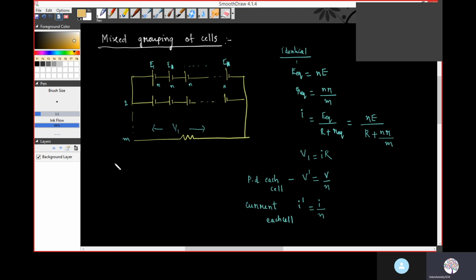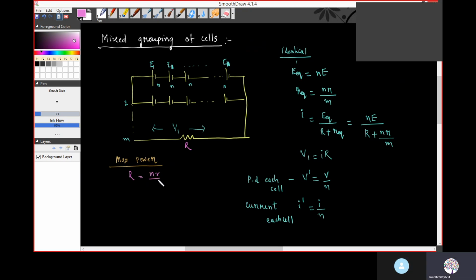Now the condition for maximum power. We have maximum power when the external resistance R is equal to the internal resistance.